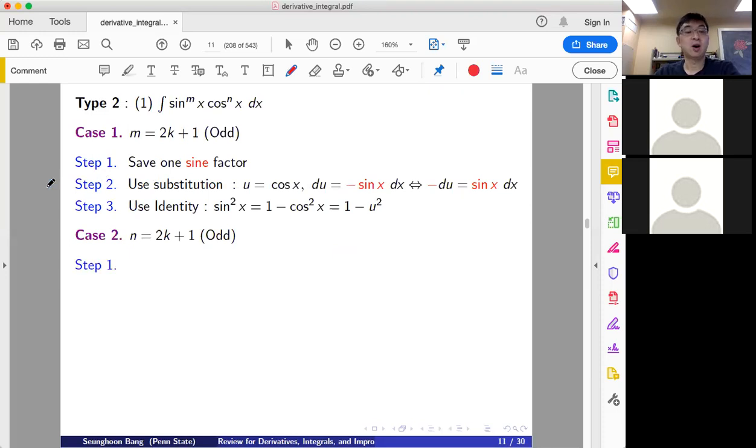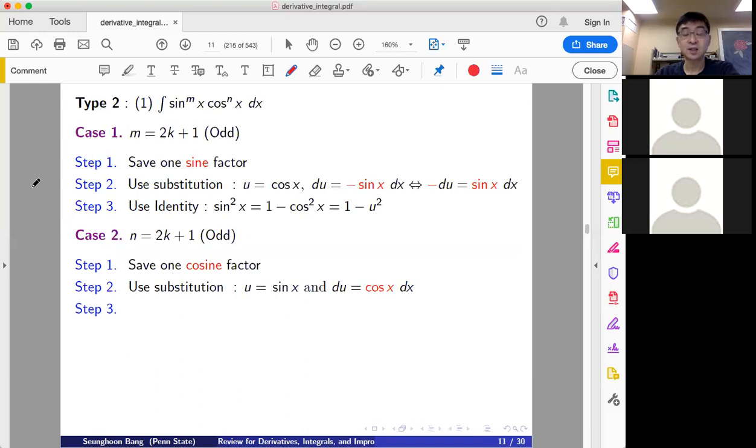Step 1, save one cosine. Step 2, u substitution: u is the other one, sine, and du equals sine prime dx, which is cosine x dx. Step 3, use the identity cosine squared of x is 1 minus sine squared. Plug u in for sine: 1 minus u squared.